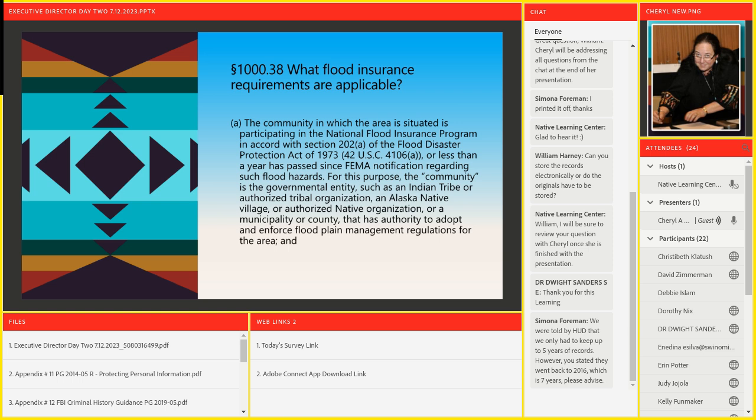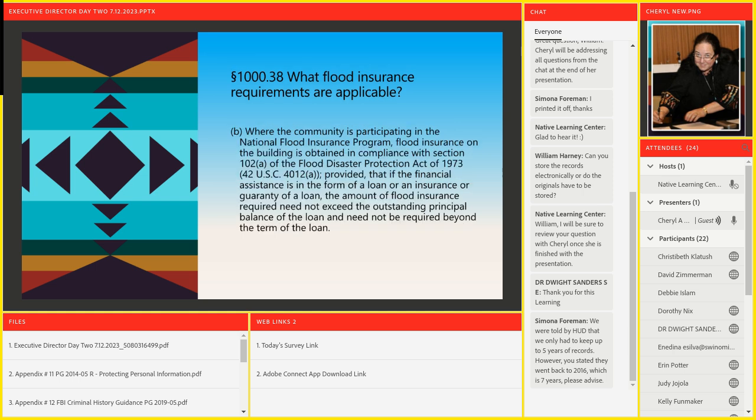For this purpose, the community is the governmental entity such as the Indian tribe or the authorized tribal organization, Alaska Native Village, or authorized Native organization, or a municipality or a county that has the authority to adopt or enforce a floodplain management regulation area, or where the community is participating in the National Flood Insurance Program, okay?